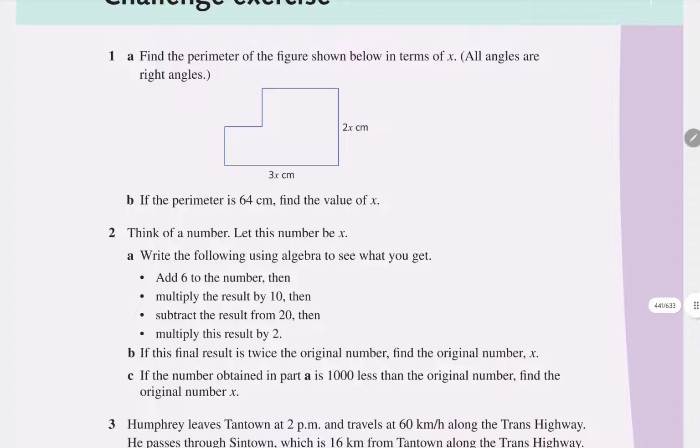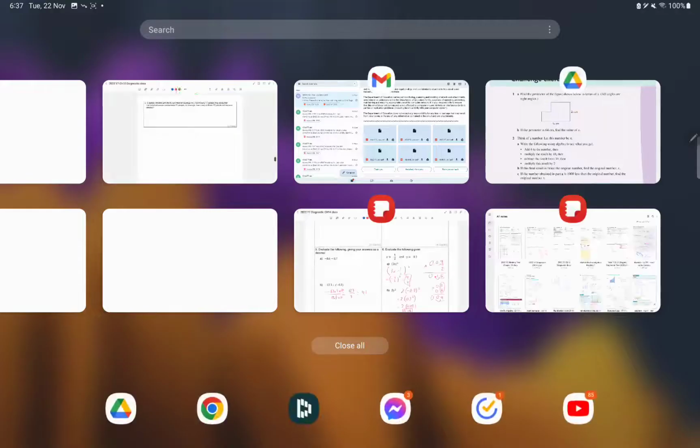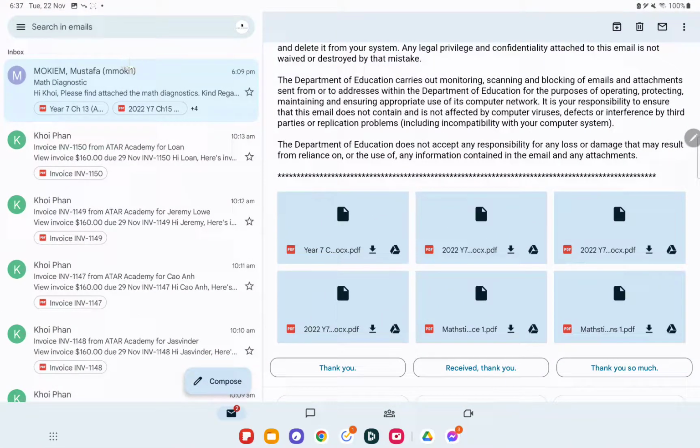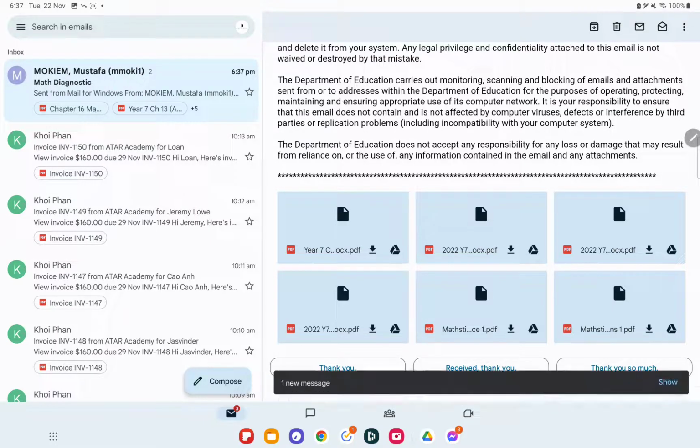I think this challenge exercise is actually pretty good to go through. It might be similar to your diagnostic test. Okay, we send it through. All right, got it.